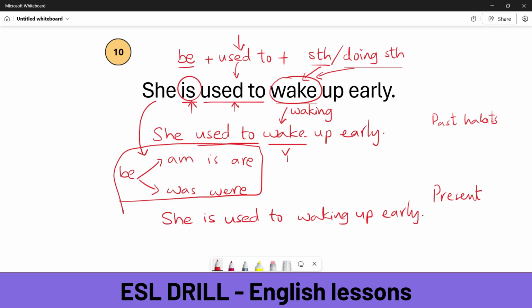We use such structures in order to say that somebody keeps doing the same thing again and again, and then it is not difficult for them now. This woman has the habit of waking up early, and that is what she finds easy, and she doesn't feel it difficult at all, because she has done it many times, waking up early, and it has become normal for her, it has become common for her.